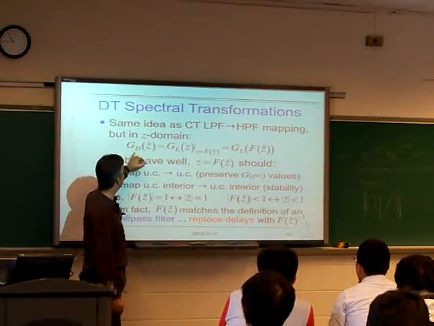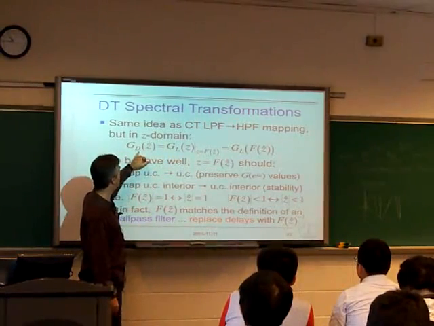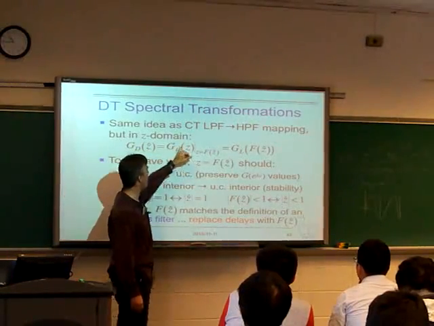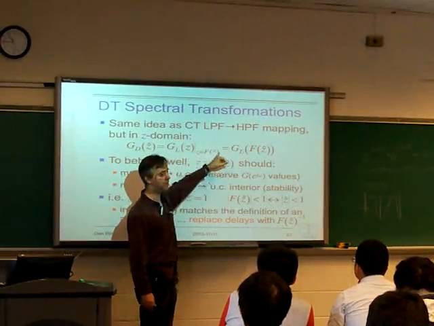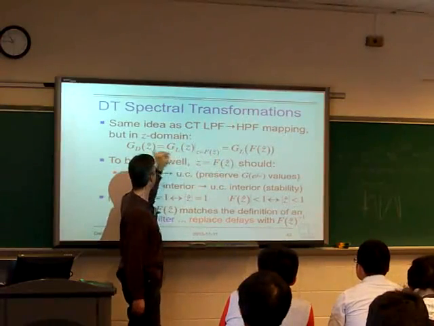We can have this mapping to get a desired polynomial in Z, which is just the prototype low-pass polynomial in Z, where Z has been substituted by some function, where there's some one-to-one relationship between the Z variables, Z and Z hat.